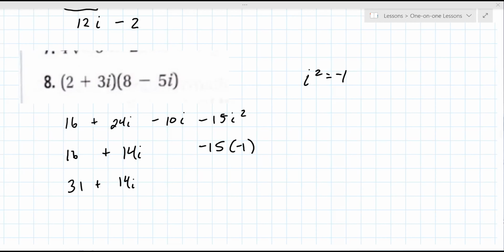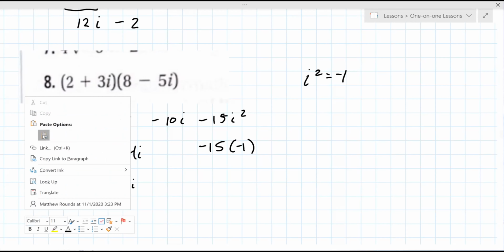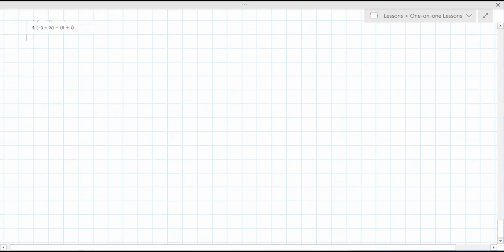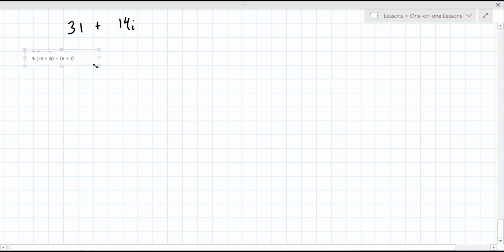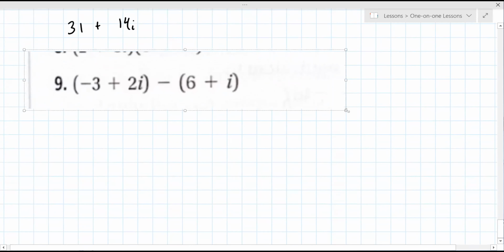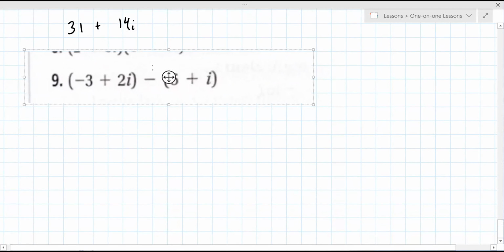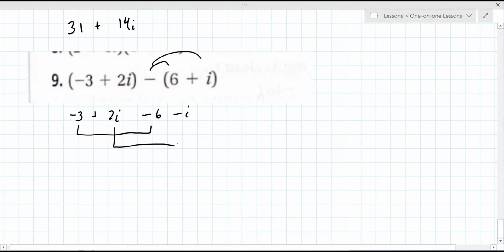This one is adding and subtracting. So you're going to combine like terms after you distribute the negative. So you'll see here now that I made it a little bit bigger, that negative goes into each of these. So it's minus 3 plus 2i, minus 6 minus i, and then you combine like terms. You can combine these and combine these.